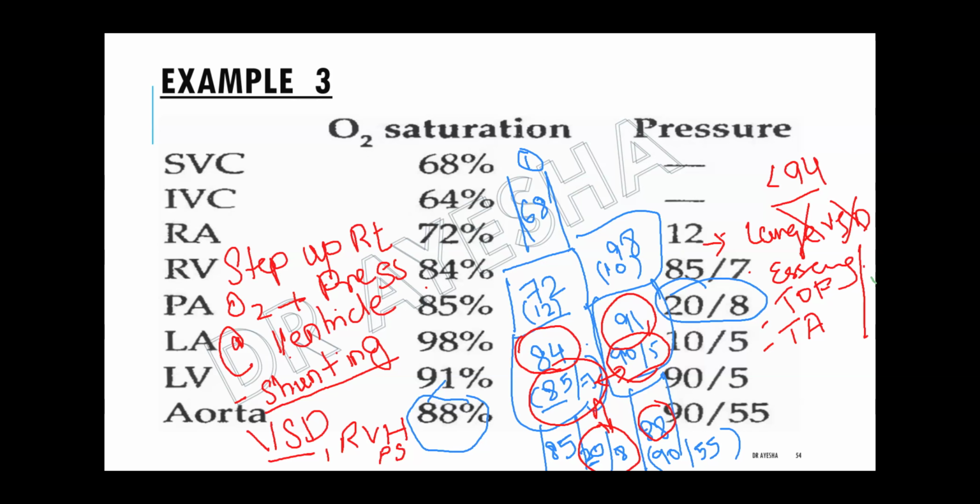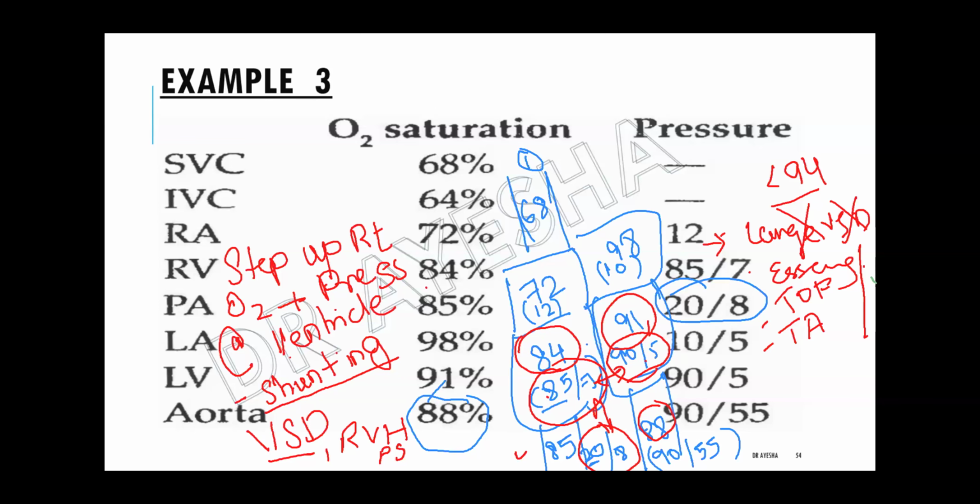Now this pulmonary pressure is going to tell you whether there is Eisenmenger or not. So listen very carefully. If you have the same pressures between the right ventricle and the left ventricle, then you look at the pulmonary.